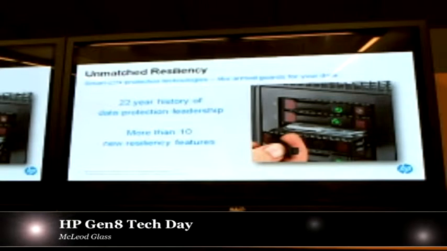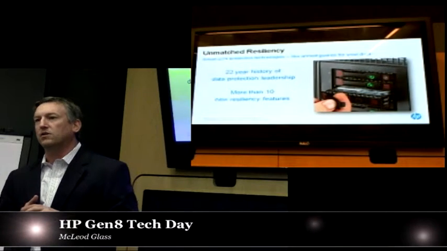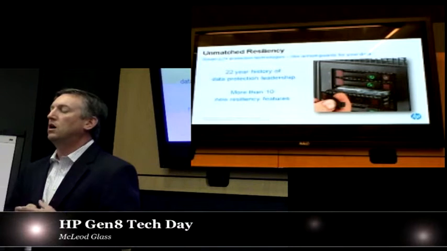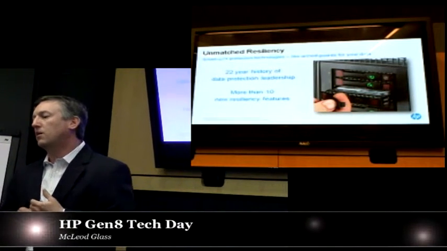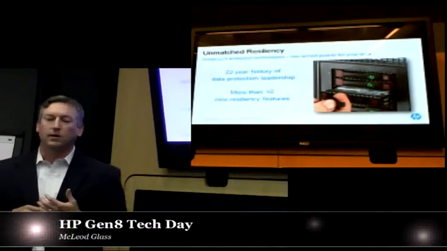We're the first to deliver that. And with our ProLiant Gen8s, we've also introduced advanced data mirroring, which is a 3-drive mirroring technology that allows you to better protect your data at the same time without having to compromise performance.